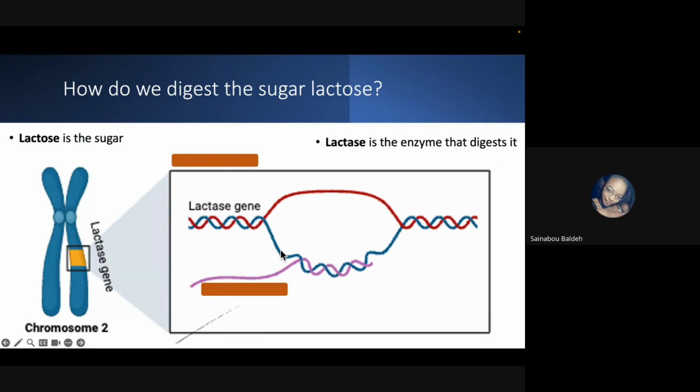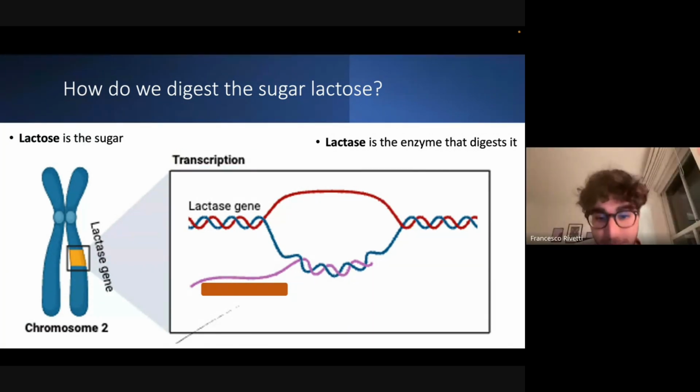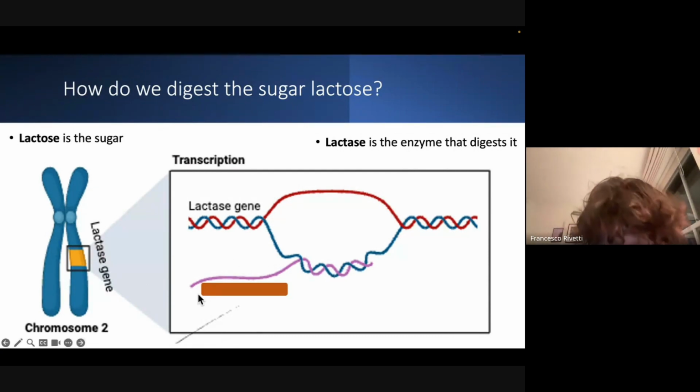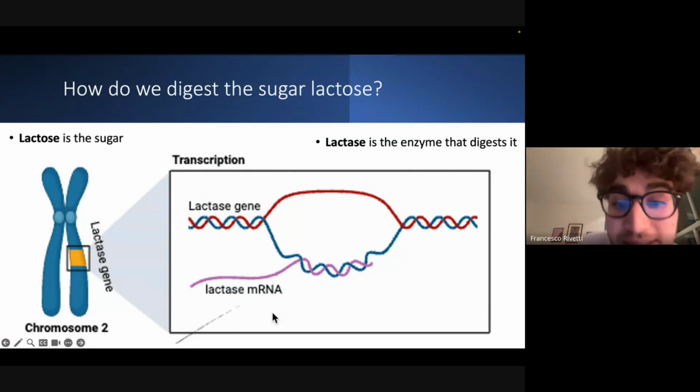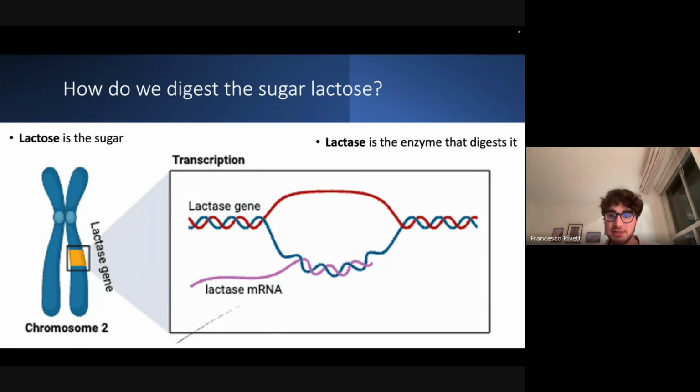Transcription, exactly. This is what I was talking about before, and this pink thing that comes out of DNA is the lactase mRNA. So when we need lactase, our bodies will express the lactase gene and produce mRNA. Perfect. This is the first step.